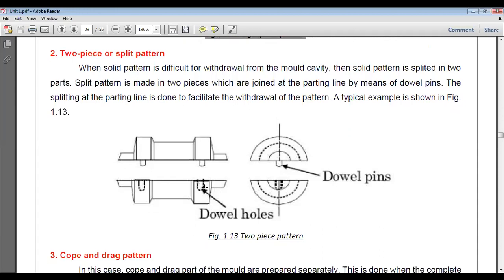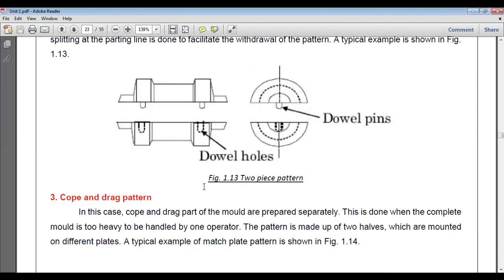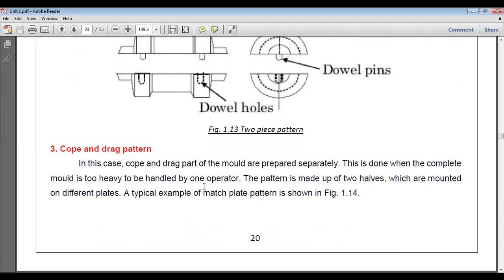This way the two pieces are retained together. Cope and drag pattern: at the time of introduction to casting, I told you about the cope and drag sections. These are two sections of molds, and similarly there are two patterns. In that case we were discussing the cylindrical molding shell in which the mold is made.